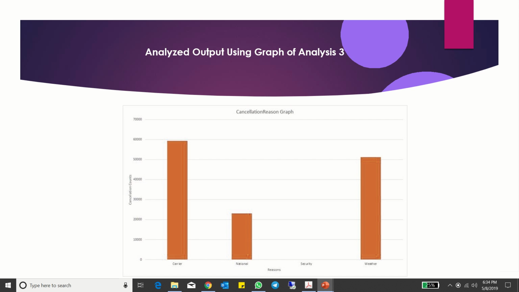So this is the graph from analysis 3, which is the cancellation reason graph. The x-axis depicts the reasons and the y-axis depicts the cancellation counts, and the most common cancellation reason is carrier, and then weather, and then national.